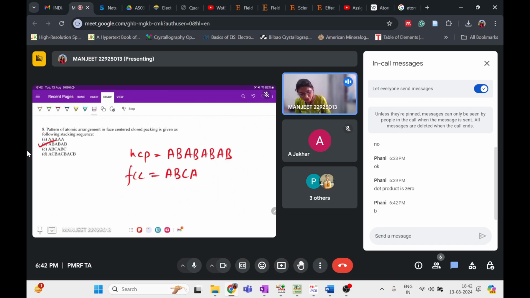It is asked about the FCC, not the HCP. For the HCP it is AB, because after putting the atom at the void between them, the atom will again be like this. In FCC it will be ABC, again ABC and then ABC. So C will be the answer, not B.